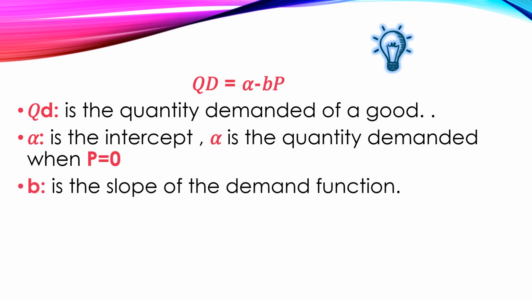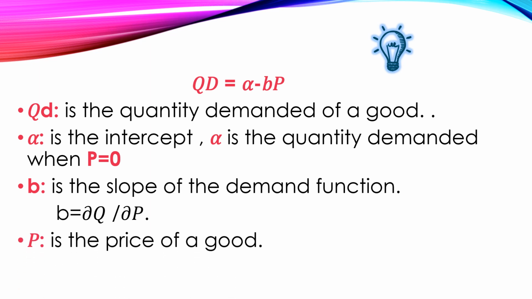B is the slope of the demand function, which equals change in quantity demanded over change in price. P refers to the price of a good.